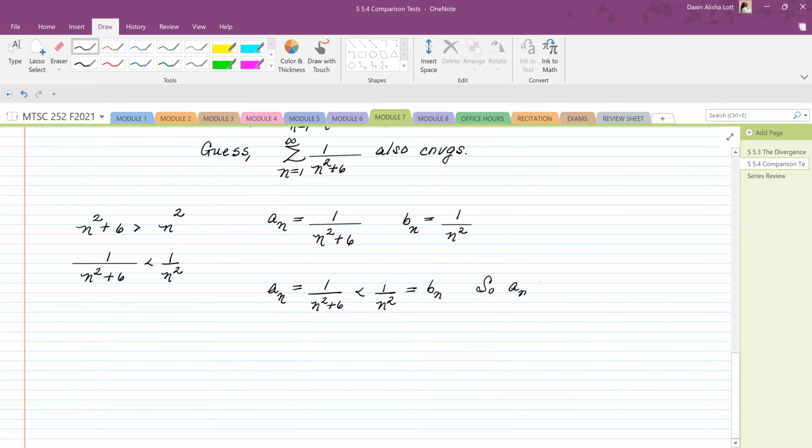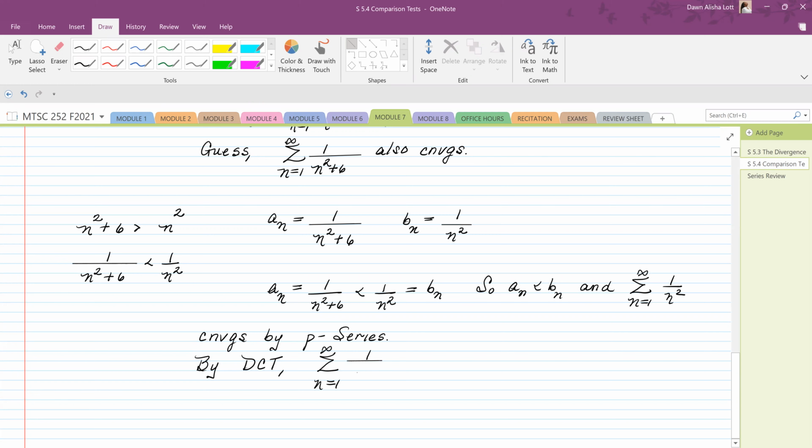So an is less than bn, and the summation n equals 1 to infinity of 1 over n squared converges by the p-series. So by the direct comparison test, the summation n equals 1 to infinity of 1 over n squared plus 6 also converges.